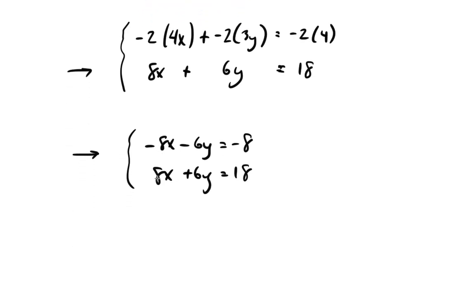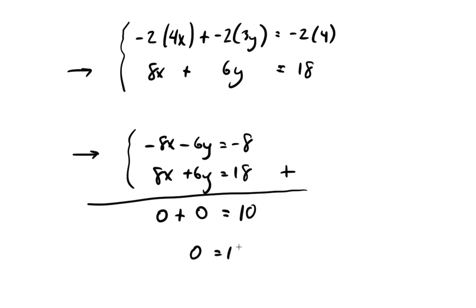So the next step, after you get one of your variables to match, I mean, it so happens that both of ours match up, you're going to add these two equations together, just term by term. So negative 8x and 8x, that's 0. Negative 6y and positive 6y, that's also 0. Negative 8 and 18, that's 10. So we get the resulting equation, 0 equals 10.